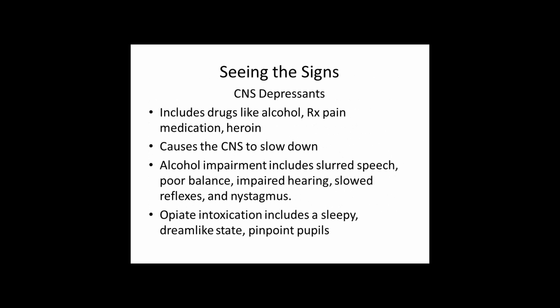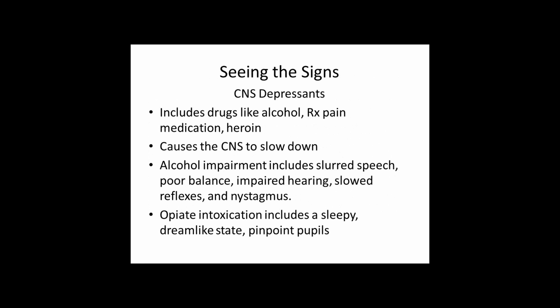The more intoxicated someone is, the more the nystagmus is occurring. So it's something to look for when you're assessing whether or not someone might be immediately under the influence.